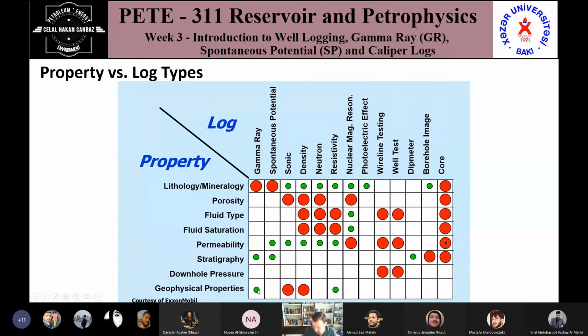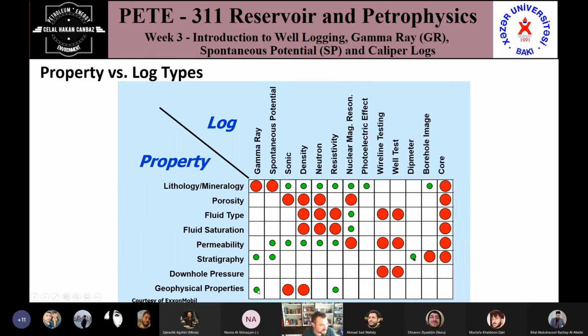For example, in your wireline testing and well test results, when you get your pressure and temperature data, you do your well test interpretation, and according to your well test interpretation, you can get your permeability values directly, in a correct way. For stratigraphy, gamma ray and spontaneous potential give a little bit, but mostly borehole imaging and core holes.